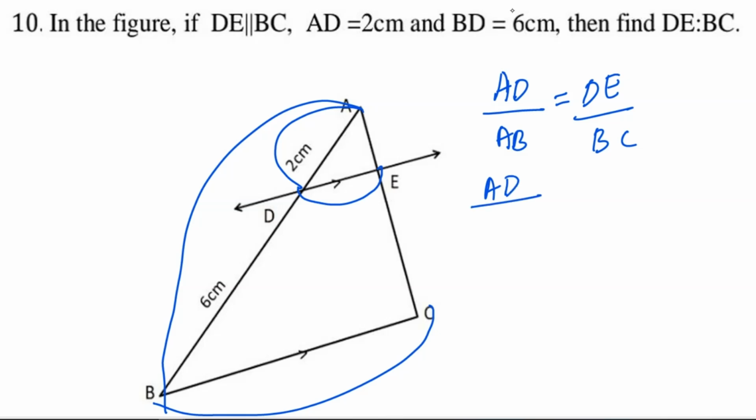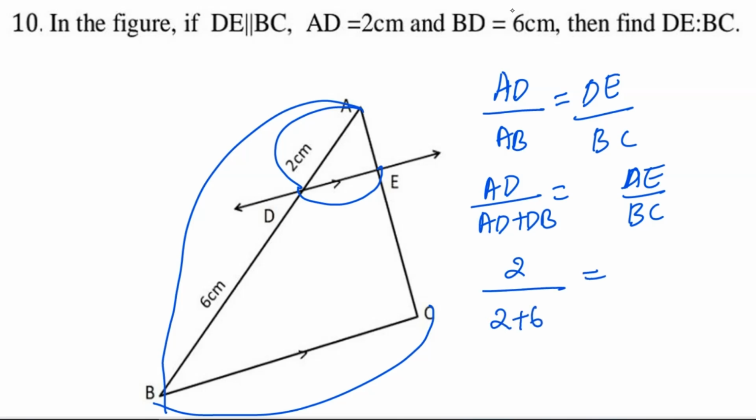Now we know that AD divided by AB can be written as AD divided by AD plus DB, equals DE by BC. AD they have given as 2 centimeter and DB is 6.